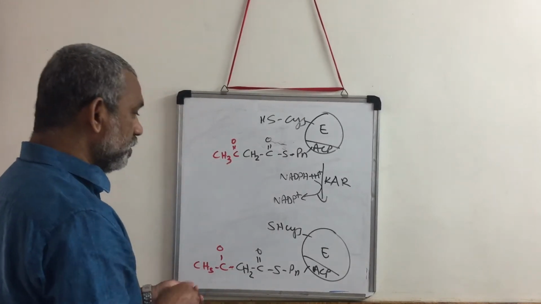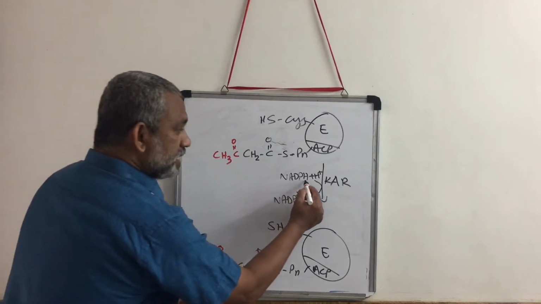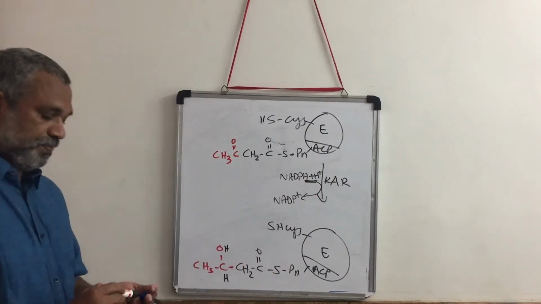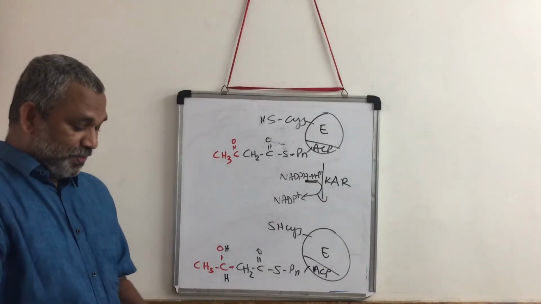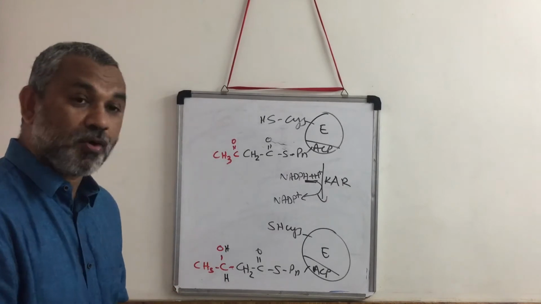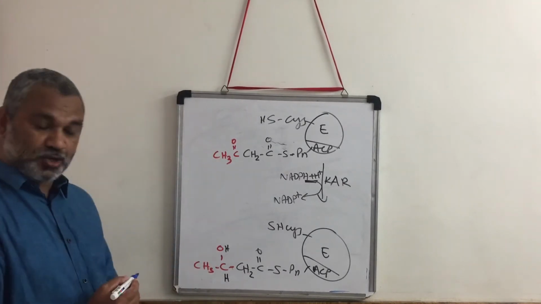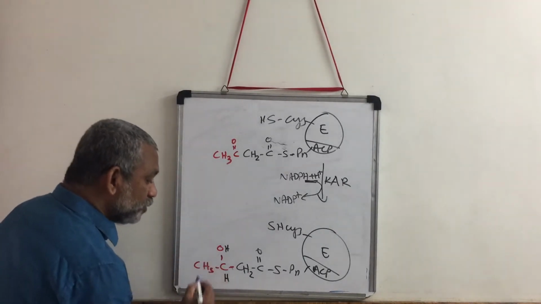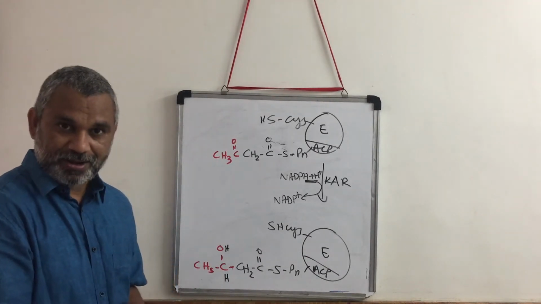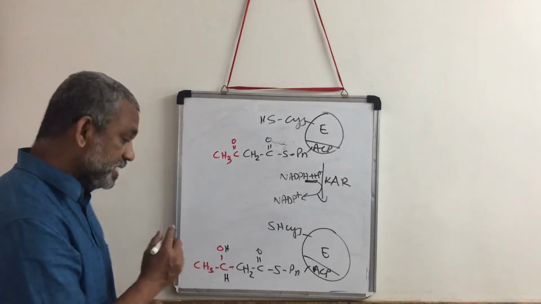So if the 2 hydrogens are added, this becomes H and H. Okay, so with this addition, now let us name this compound. This is a hydroxyl group. This becomes 3-hydroxy fatty acyl ACP.